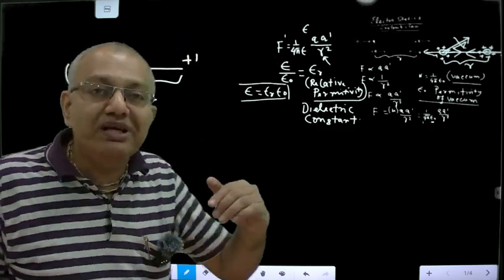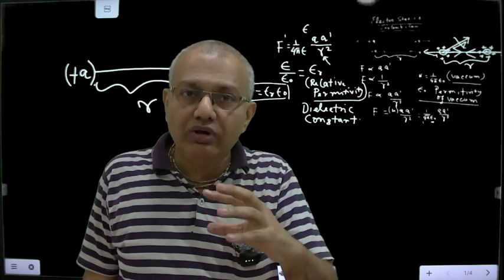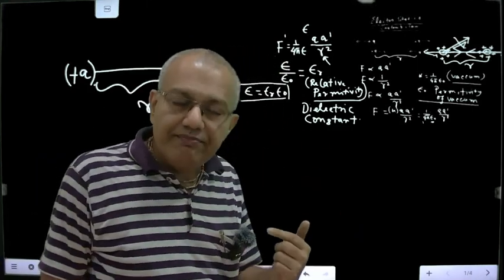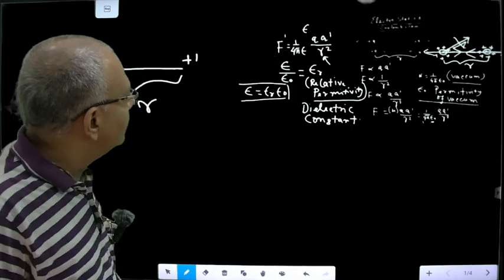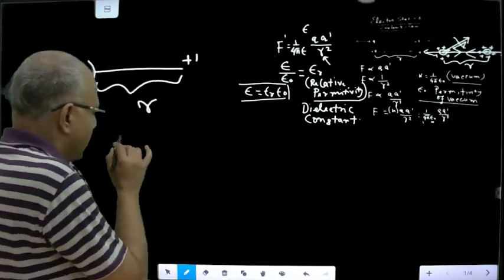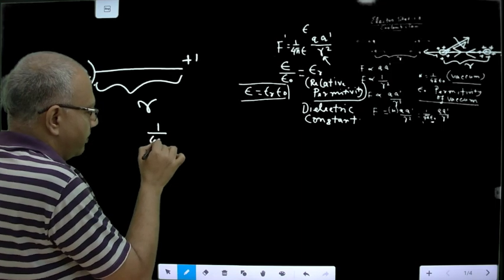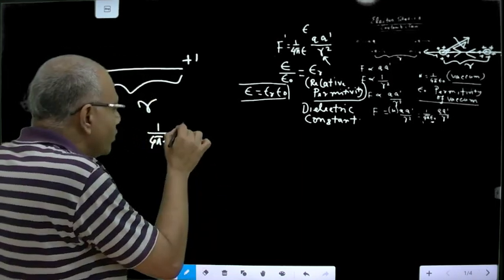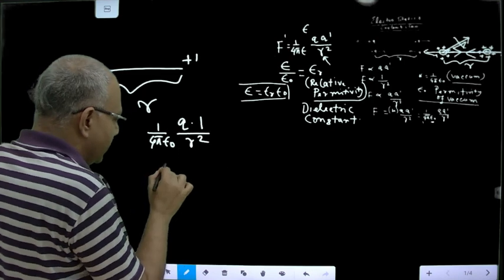Charge we measure in the unit coulomb: 1 coulomb, 2 coulomb, 3 coulomb. According to the scientist's name, we have given the unit of the charge. So we have placed 1 coulomb. What is the interacting force? If I take it in vacuum, the force becomes 1 by 4 pi epsilon naught, Q into 1 divided by r square.